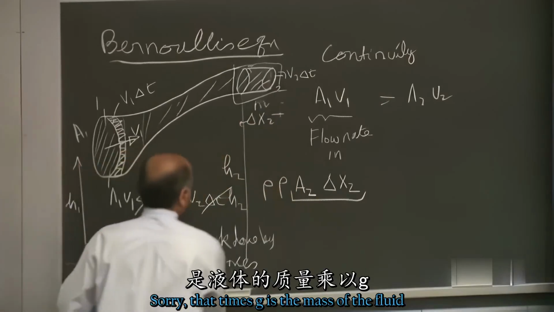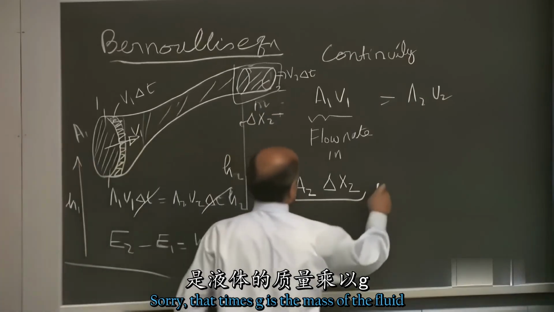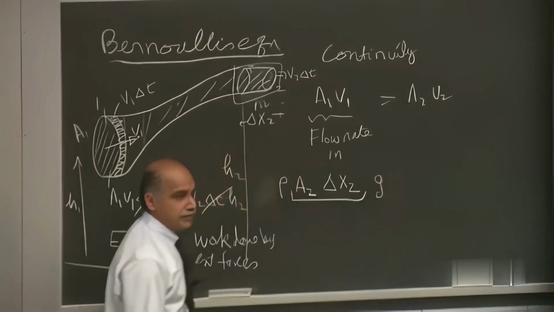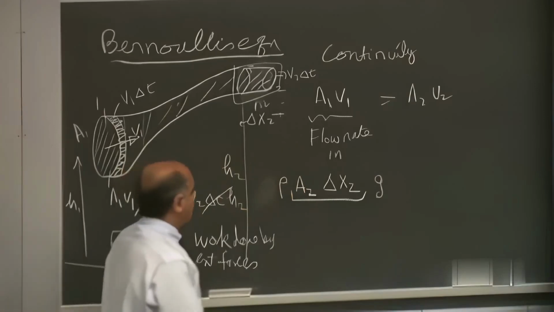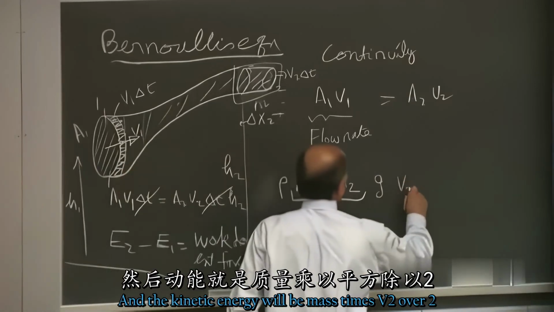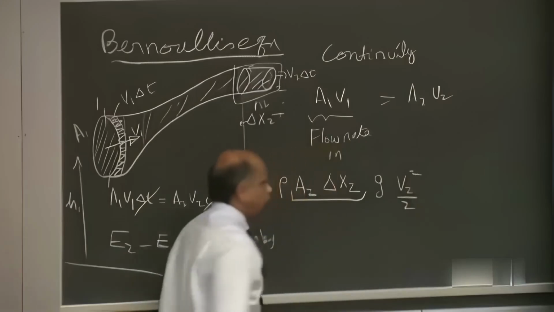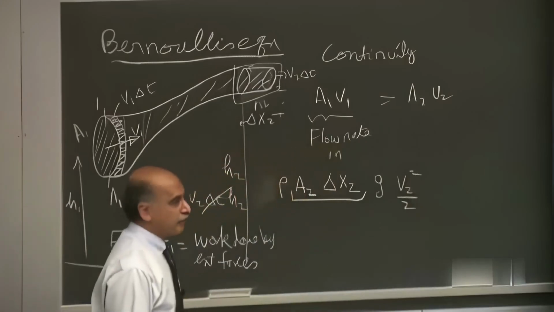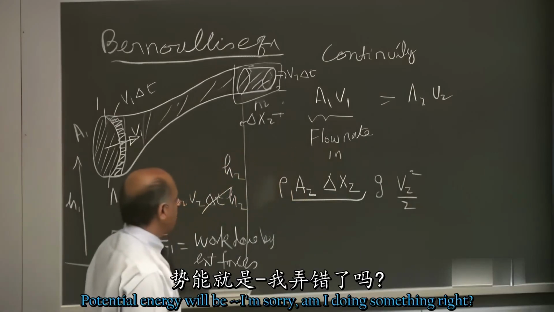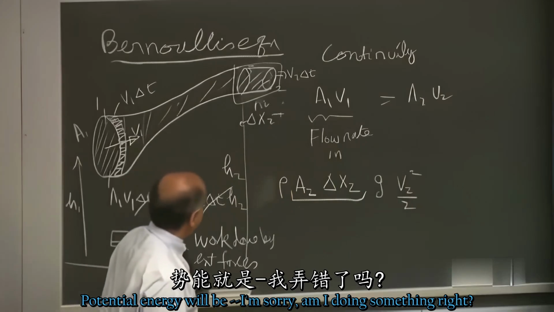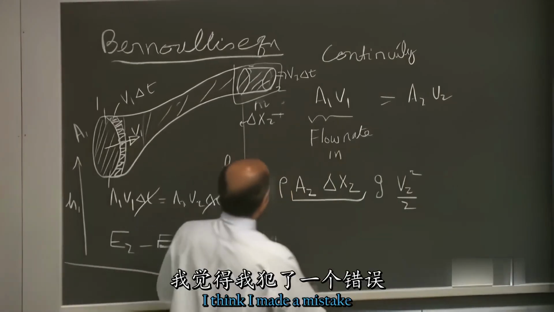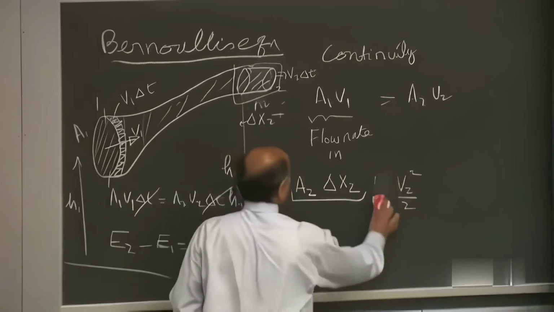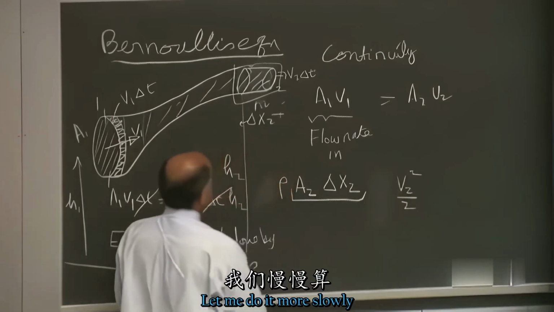I'm sorry, that times g is the mass of the fluid. And the kinetic energy will be mass times v squared over 2. Potential energy will be, I'm sorry, am I doing something right? I think I made a mistake. Sorry about that. There is no g here. Let me do it more slowly.